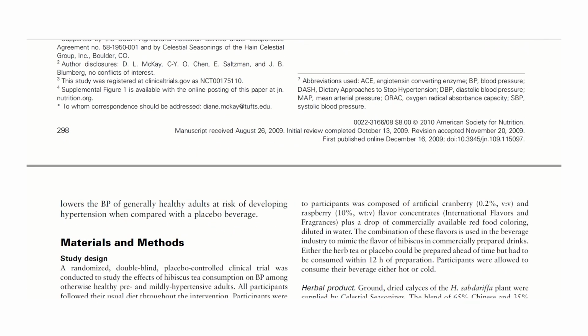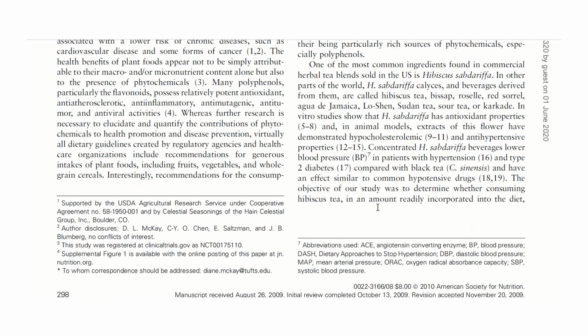So the question could be, how do normal levels of hibiscus tea, or H. sabdariffa, affect the blood pressure of prehypertensive and mildly hypertensive patients? That could be the question.